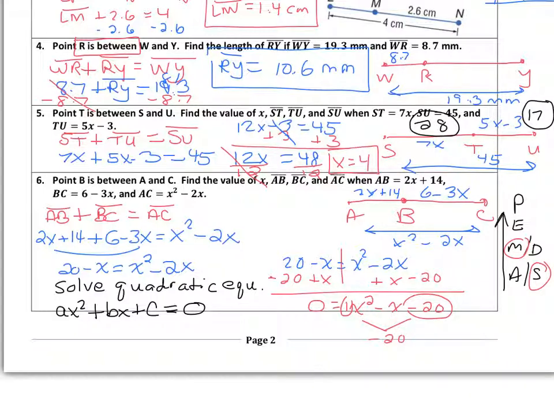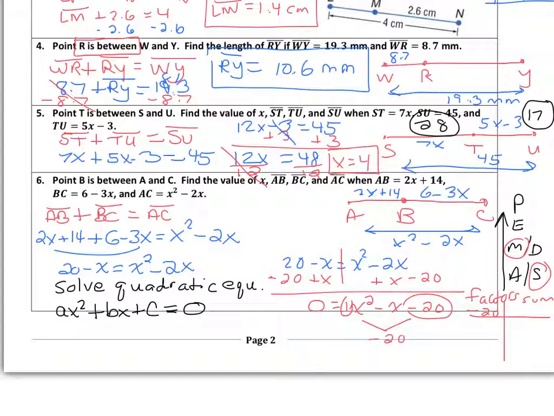What we're looking to do is rewrite this middle term, this x term, using this product of a and c, negative 20. I like to draw a little table here. We're looking for factors of negative 20 that sum to this coefficient in front of the x term, this coefficient b.